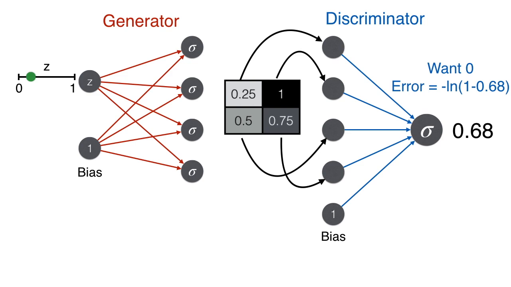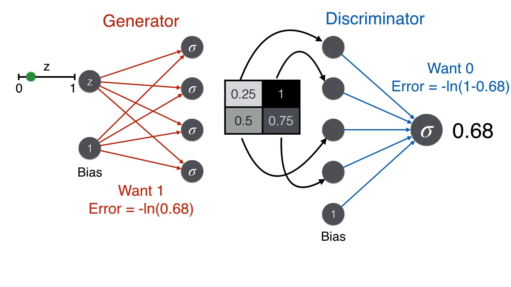Well, the generator's wildest dreams are to generate an image so good, so real that the discriminator classifies it as real. Therefore, the generator wants this whole neural network, the connection of the two, to output a 1. That means that the error function for the generator is the negative logarithm of the prediction. So that is the error function that will help us train the weights of the generator.